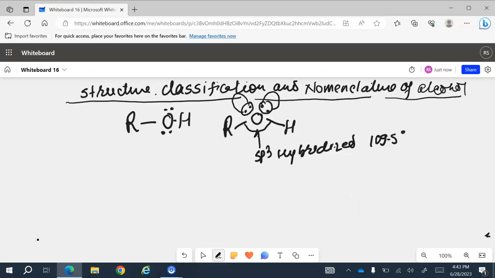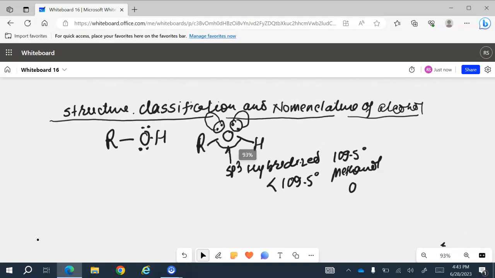So the ROH bond angle is less than 109.5 degrees. Specifically, if we consider methanol, the angle is 108.9 degrees in methyl alcohol.